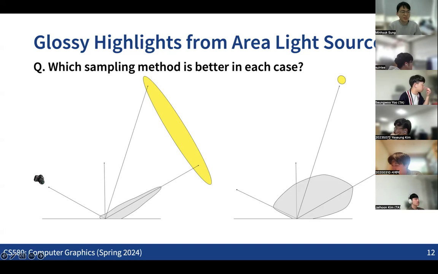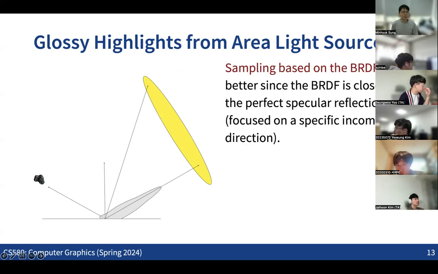Yeah, so this is actually a simple question, right? As you can see, on the left-hand side, obviously it'd be better to sample based on the BRDF, because we can see that the light coming from some specific direction is mostly contributing to the computation of the outgoing irradiance, which means that we don't need to shoot many rays into random directions, but we just need to sample the directions that contribute most to the outgoing radiance.